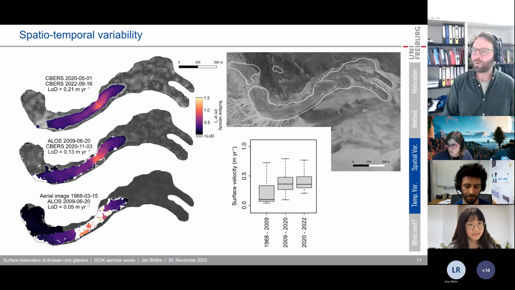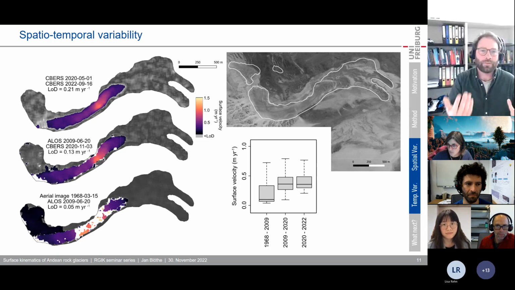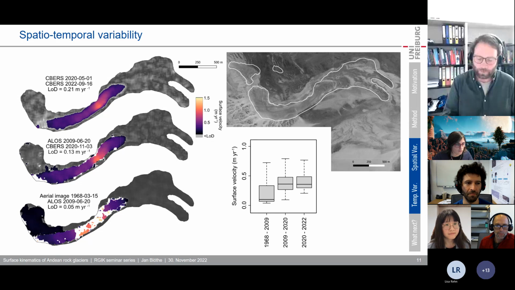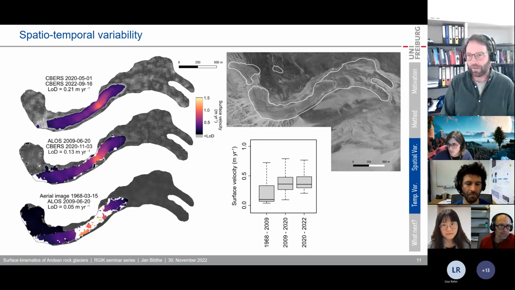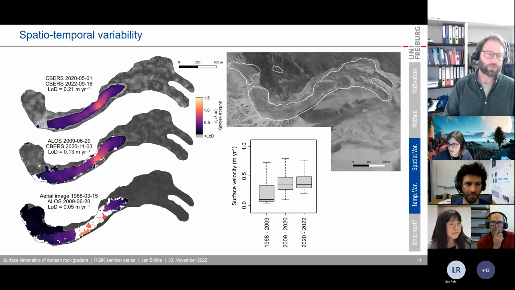The problem with the orthophotos was that, depending on the lighting conditions, you always run into problems that some features just have a different spectral signature in two images. At least for what I have been doing in Argentina and the European Alps, hillshade tracking was always performing better than tracking in orthophotos.